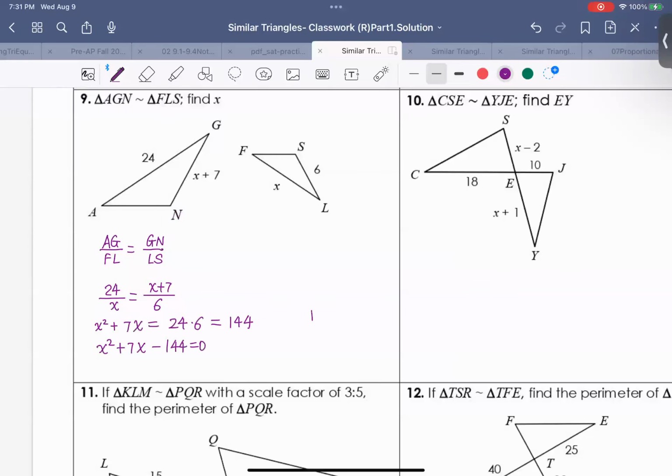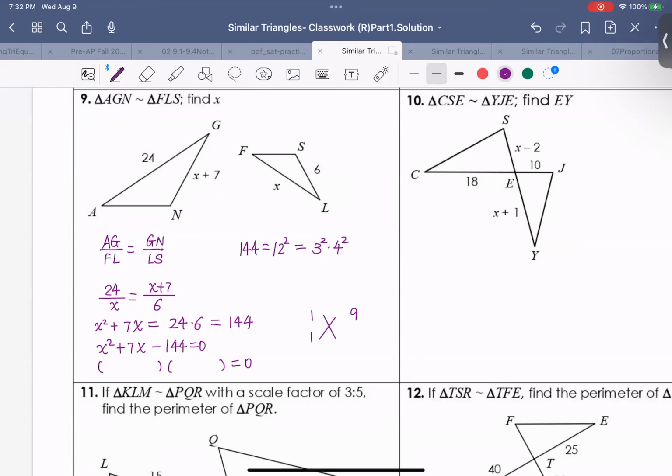Then we do this cross multiplication. 1 by 1 is 1. 144 will be who times who? See here, 144 is 12 squared. And also, 12 is 3 times 4. So 3 squared times 4 squared. Did you notice that here?